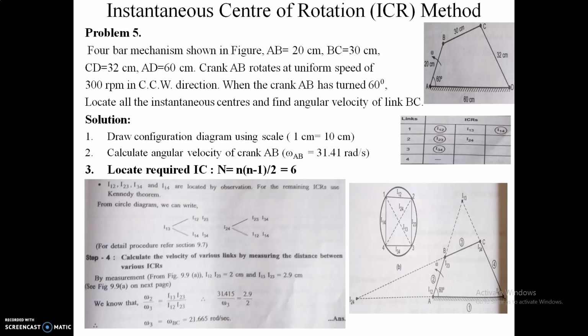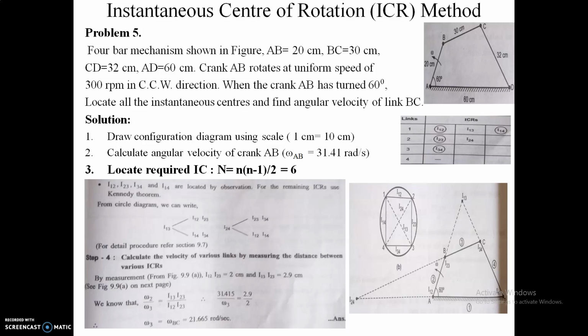When you draw the same mechanism with the help of a scale, I will call it the configuration or space diagram. Here I am taking the scale as 1 centimeter equal to 10 centimeter. Then after making the configuration diagram, you have to calculate the angular velocity of crank AB, because the RPM value of the crank is given, 300 RPM, so you can easily calculate the angular velocity.